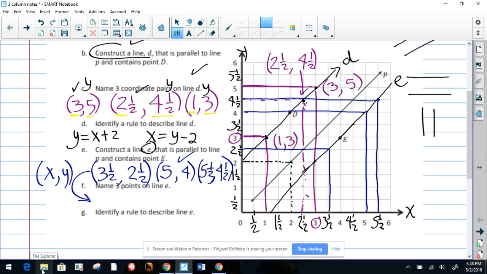Now we need to identify the rule. So all you got to do is, if you look at the difference between x and y, notice that y is 1 less than x. So we can write the rule that way. So we can say that y equals x minus 1. There's a minus. So you will write the y right here, minus 1, that will equal 2.5.